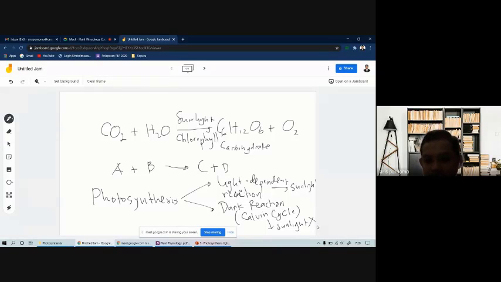For light-dependent reaction, the products are O2, ATP and NADPH, while the Calvin cycle produces carbohydrate from the process we call CO2 fixation.